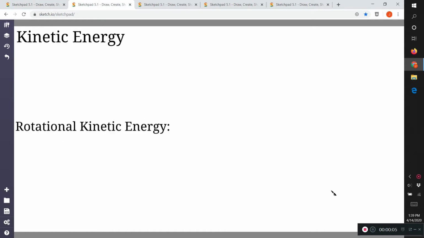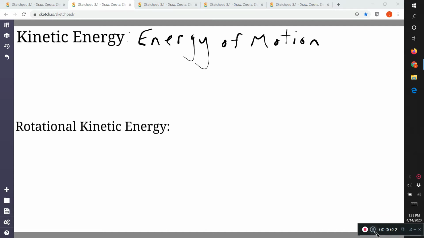Let's review what we know about kinetic energy. So kinetic energy is the energy of motion. We're going to use this as the basis for our discussion here. So the formula we had for kinetic energy, we had translational kinetic energy, subscripted trans here, so 1/2 mv squared.